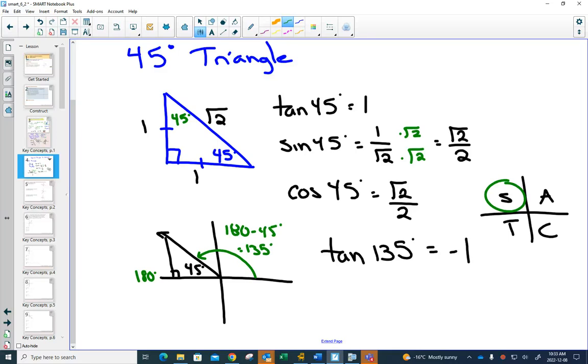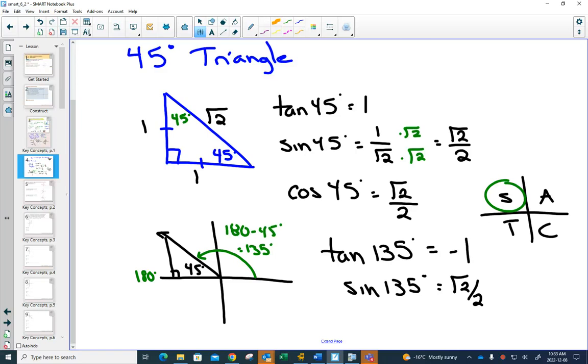If I did sine of 135 degrees, I would still get positive root 2 over 2. Same as sine of 45 degrees, because they have the same reference angle, and it's still positive because it's in quadrant 2, and sine is always positive in quadrant 2.